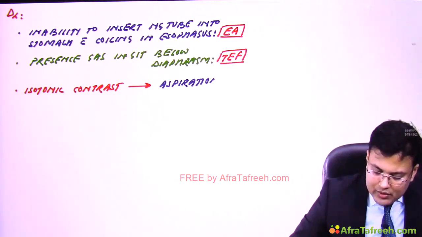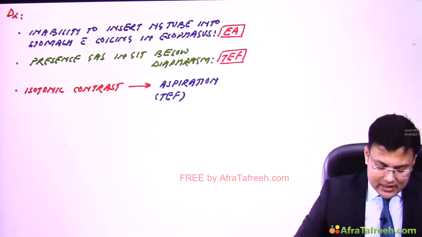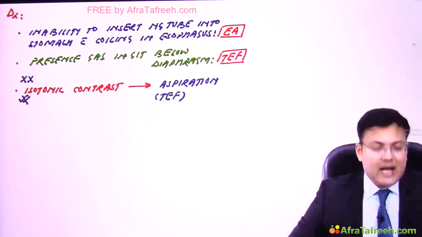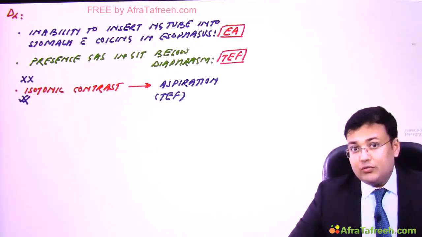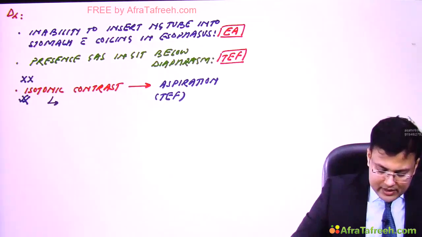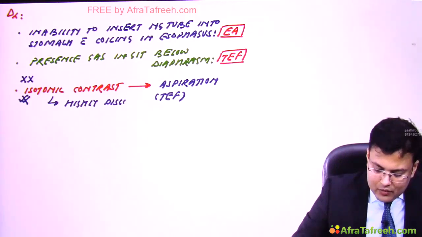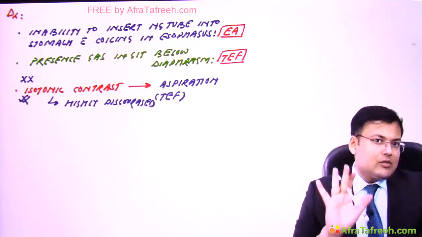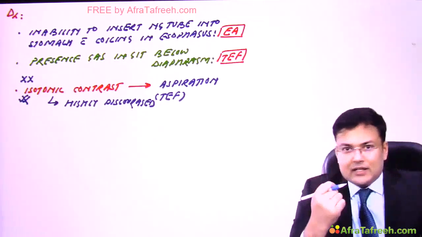So it leads to aspiration in patients of tracheoesophageal fistula. That's why use of isotonic contrast is highly discouraged. So we should not use it, because of increased risk of aspiration. So generally we make the diagnosis by X-ray. We insert the Rice tube.